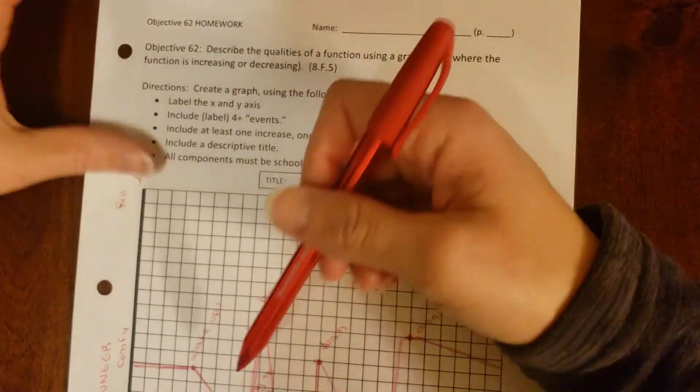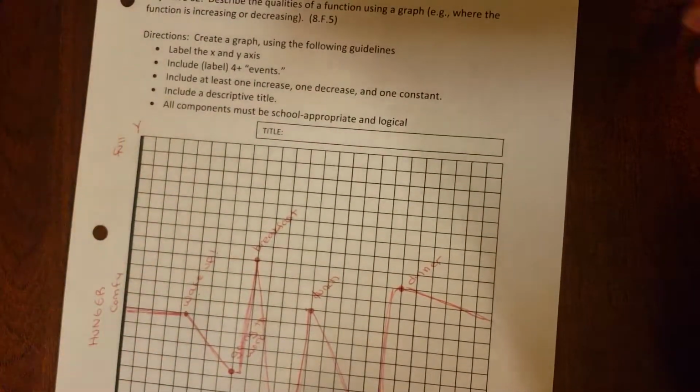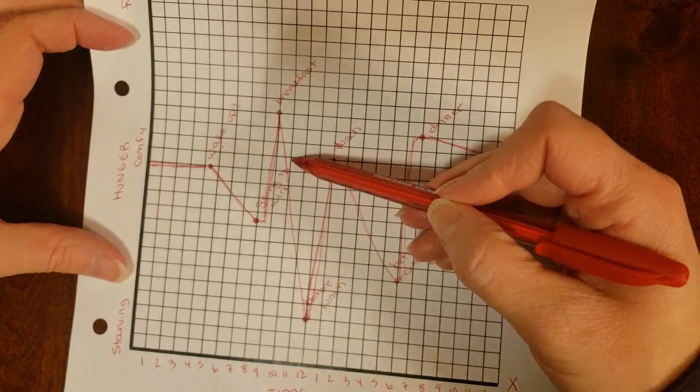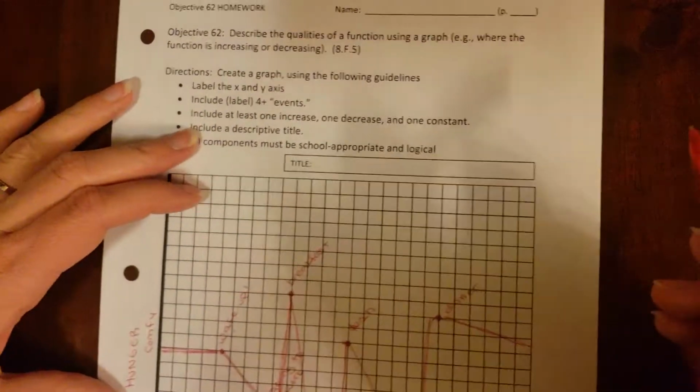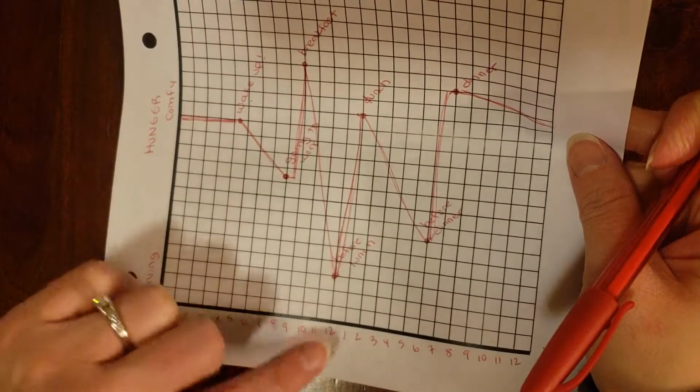Okay, so I just included 4 more events. 1, 2, 3, 4, 5, 6, 7 of them. That's a lot of them. I have 1 increase, 1 decrease, at least 1 constant. Oop, I don't have a descriptive title. So I like to recommend my students use these labels here.